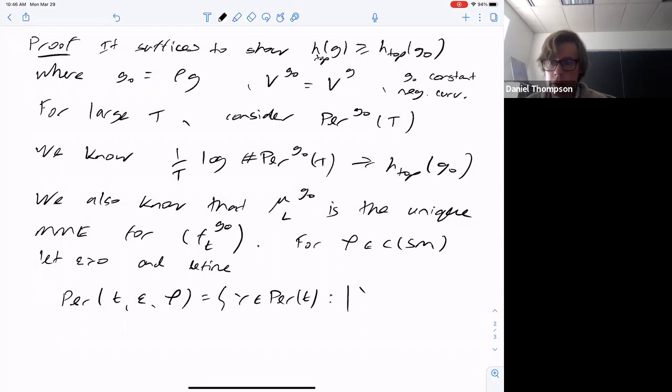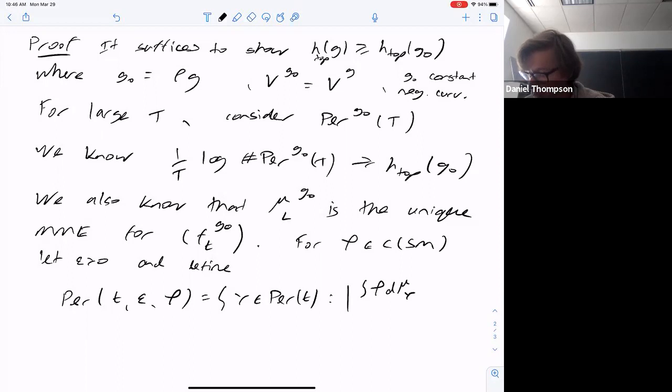What notation shall I use? Sorry, I've been indecisive on notation in this lecture. I'll write it as the integral of the observable d mu gamma. So that's going to be the natural measure on the closed geodesic.